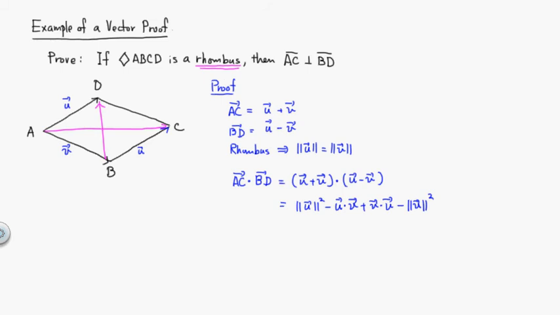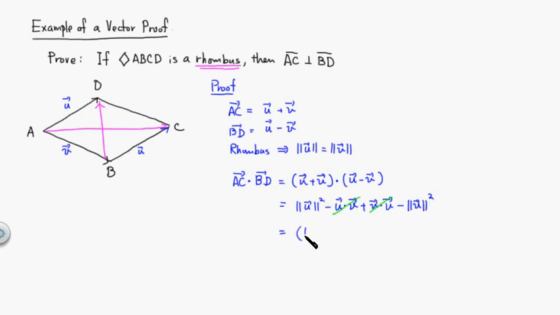Since the dot product is commutative, U dot V is the same thing as V dot U with a different sign, so they cancel out. Then you can write it as the norm of U squared minus the norm of V squared.